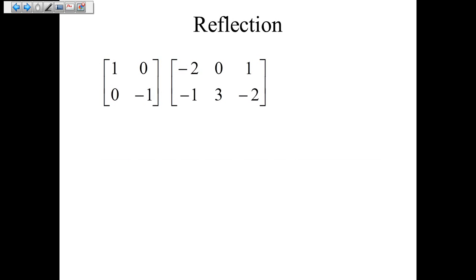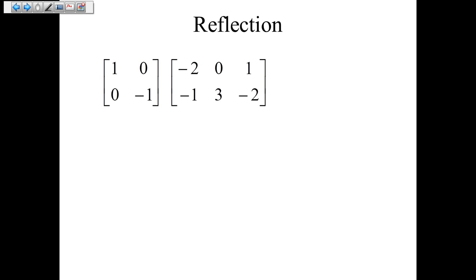Okay, so here's another reflection. I'm not even going to bother to talk about what the reflection is. It's a reflection matrix. We're going to multiply by this reflection matrix in order to see what happens here. So our coordinate matrix has the points -2, -1, 0, 3, and 1, -2.